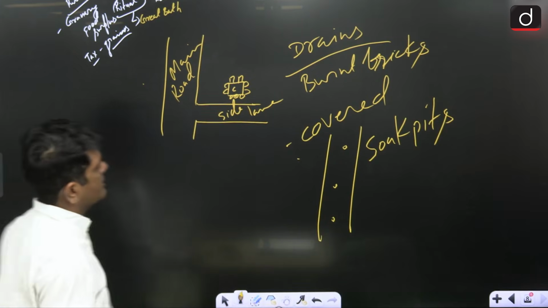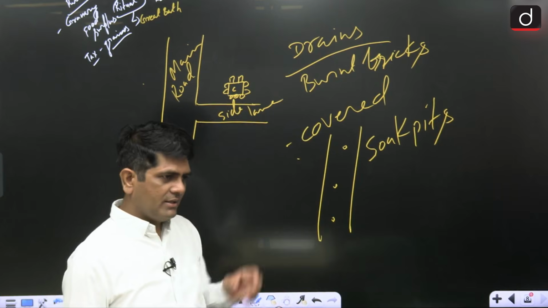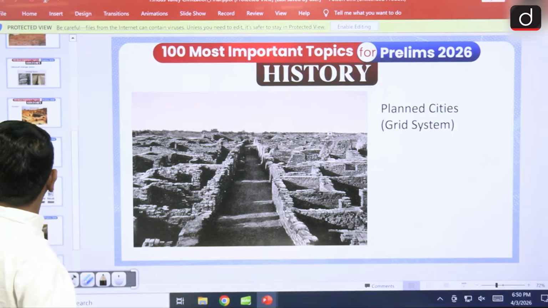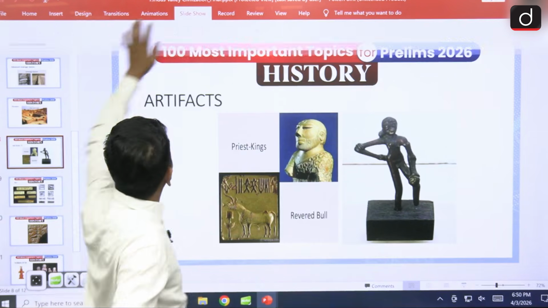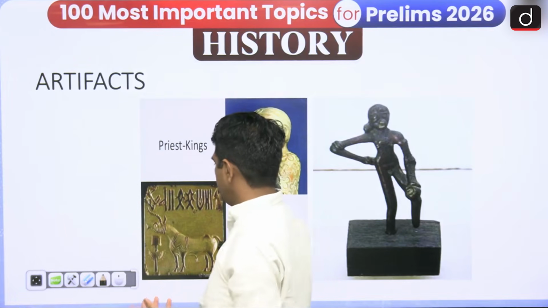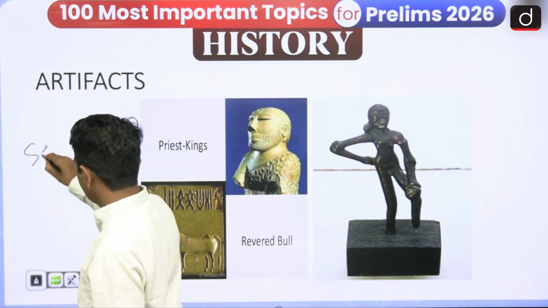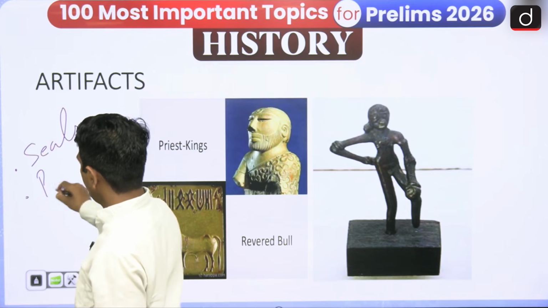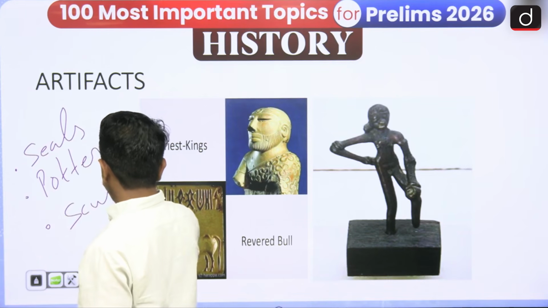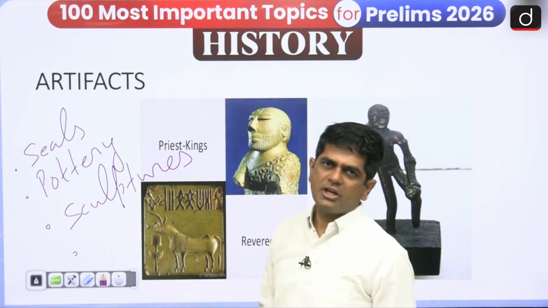Moving towards the next important part of the Harappan civilization, the artifacts. Under artifacts, we study seals, pottery, sculptures, ornaments, and various tools.